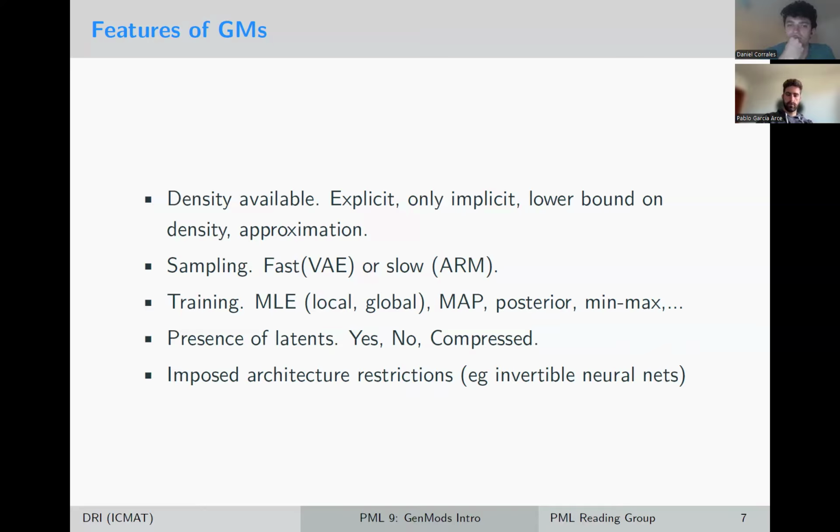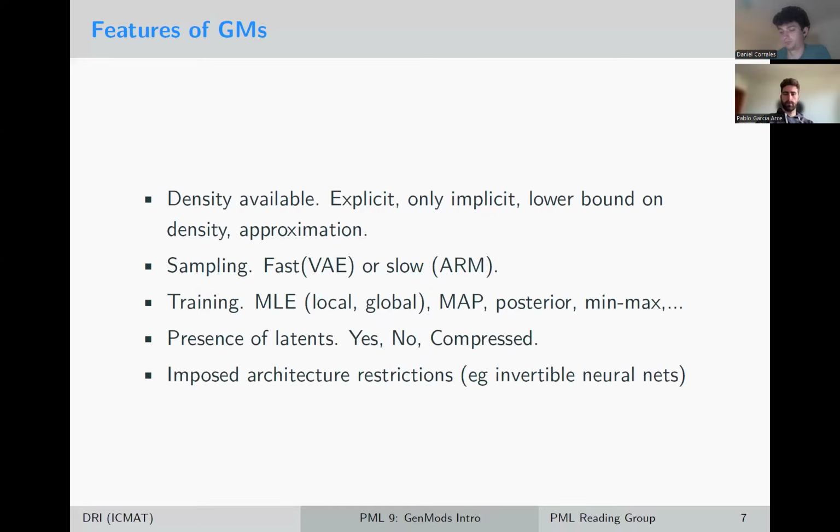For training some of the models that we shall mention, we can do only maximum likelihood estimation and local maximum likelihood estimation, but in others, we'll use variational inference. In GANs, for example, we tend to use a different technique based on game theory.